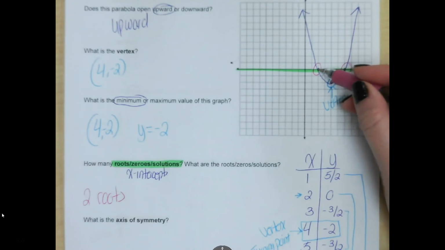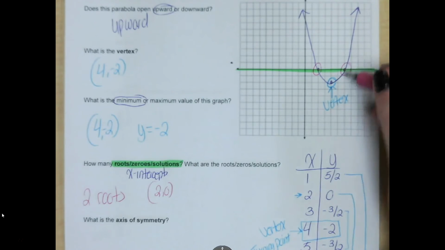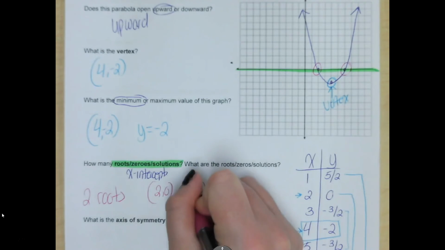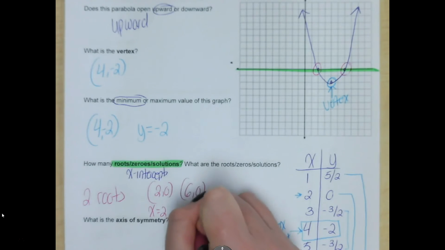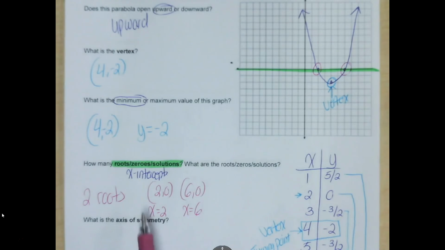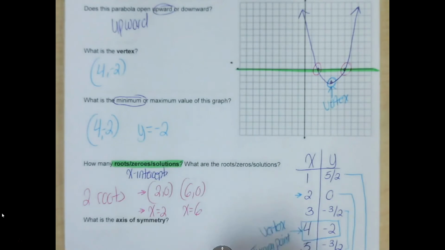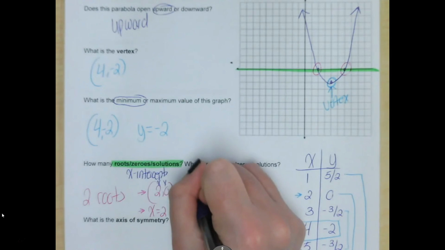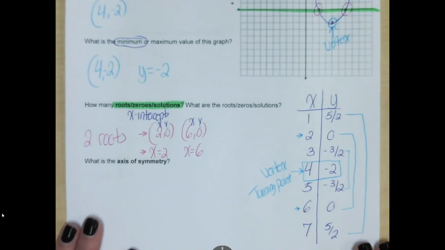Well, this is the point 2, 0. And this is the point 6, 0. I could have also written this as x equals 2 or x equals 6. So either write it as coordinate points or as x equal, because don't forget, this is x, y. And I could have also found those points right from my table. Anytime y equals 0, that's going to be a root.